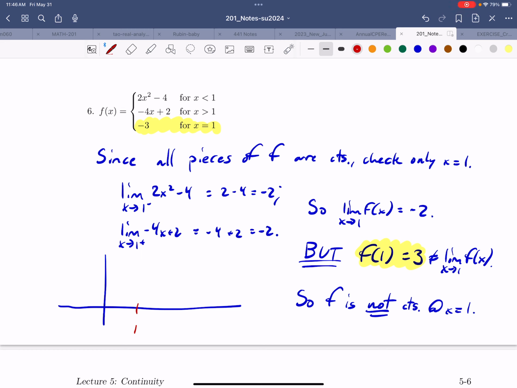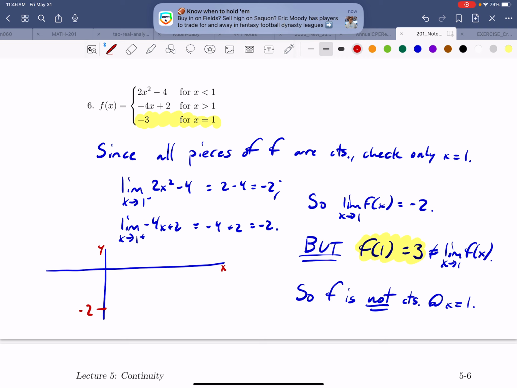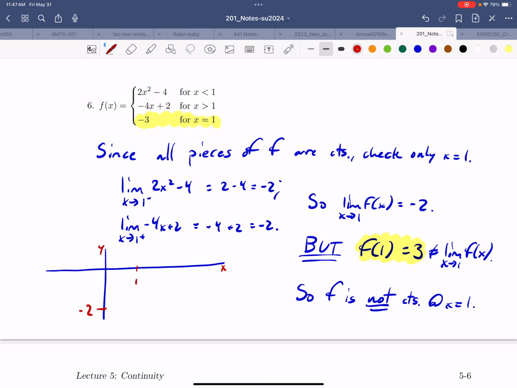So 2x squared minus 4, that's a parabola of sorts, a pretty steep parabola, but it's going like this. Let's see, oh, I guess we need to be a little more careful here because we're talking about negative 2 here. So, right, if this is our x-axis, this is our y-axis, and we're sort of interested in this negative 2 value over here, well, I guess at 1 we've got a hole here, right, where we've got this sort of steep parabola right before.